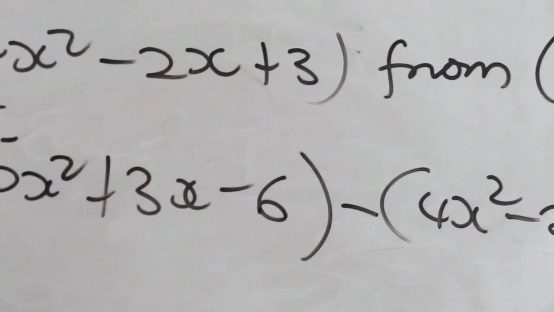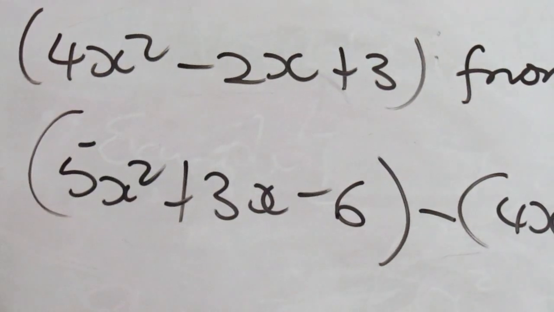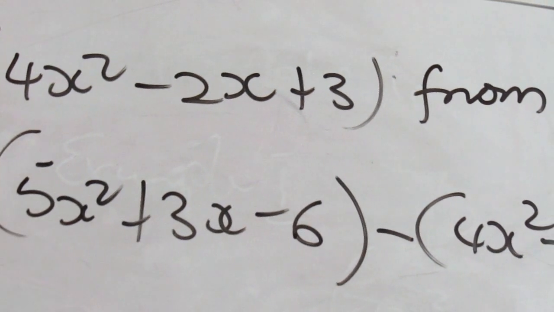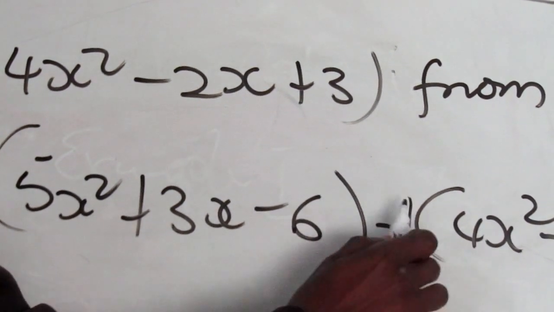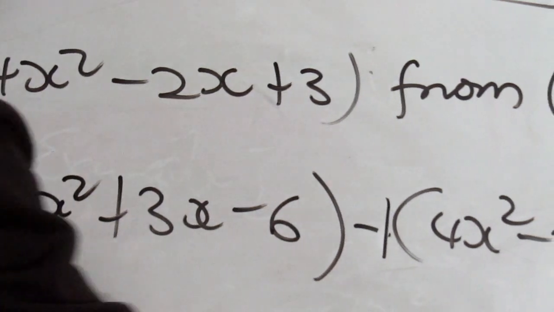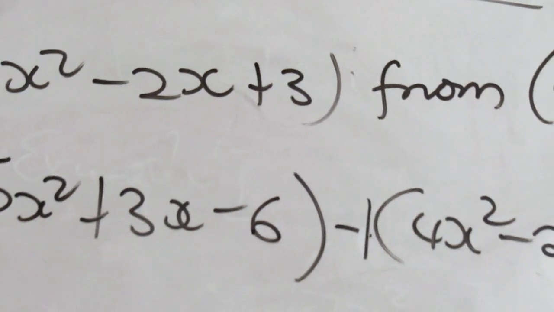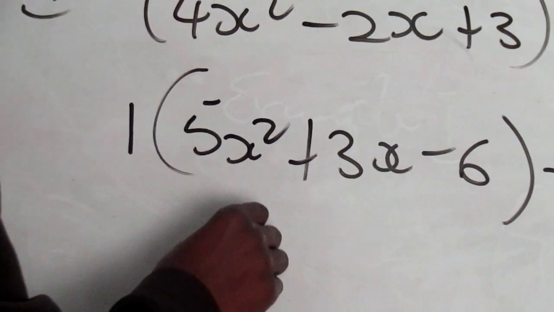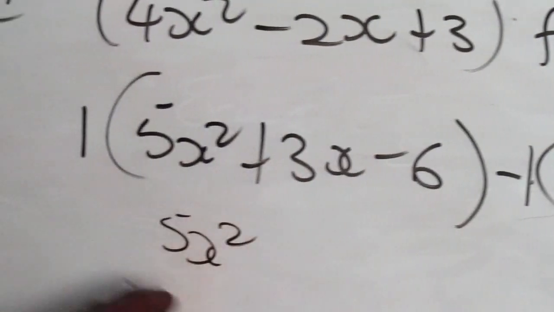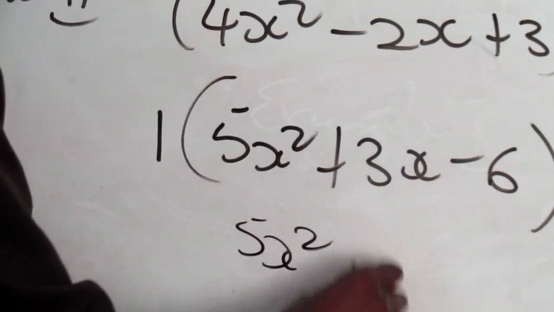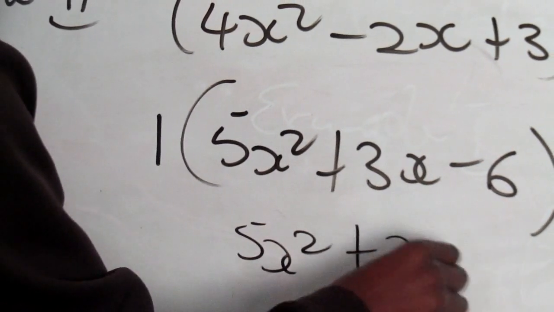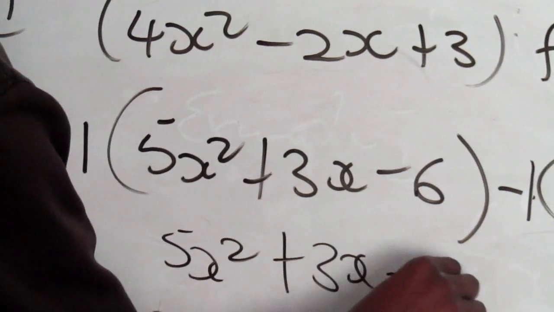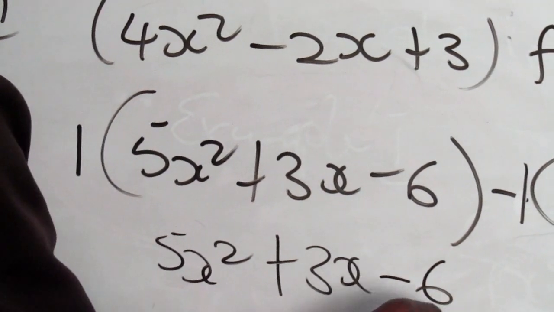So, in order to simplify it, this one is 1, and also here we have 1. So 1 is going to remove the brackets. 1 times 5x squared, we get 5x squared, plus 1 times 3x, we get 3x, plus 1 times negative 6, we get negative 6.